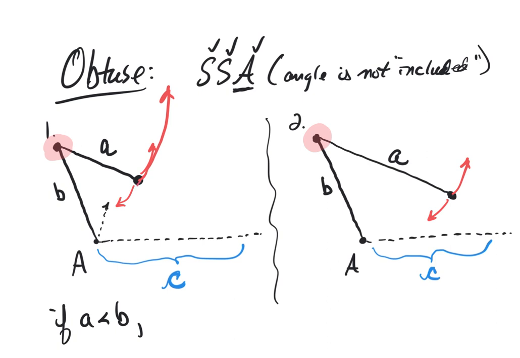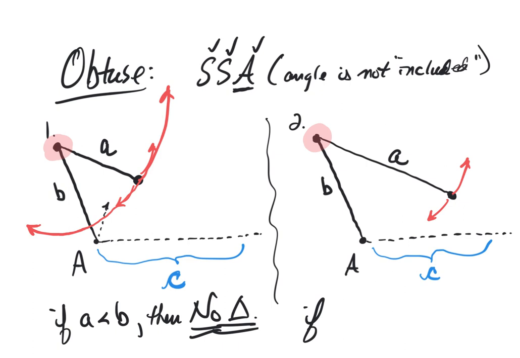But if you swing it down, because A is shorter than B, A never intersects side C. In that situation, there's no triangle possible. If I asked you to find the missing pieces, you would say you can't because there's no possible triangle.